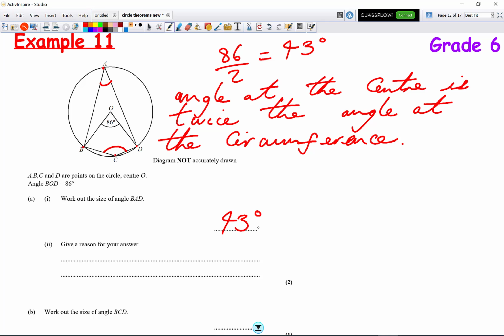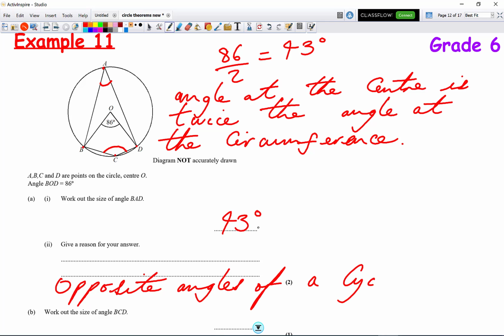And then we can say that the opposite angles of a cyclic quadrilateral add up to 180 degrees.